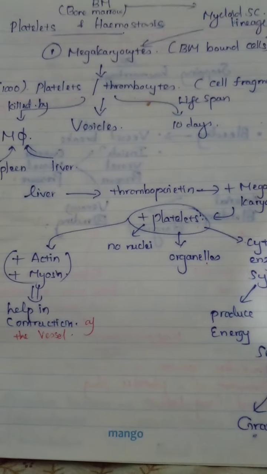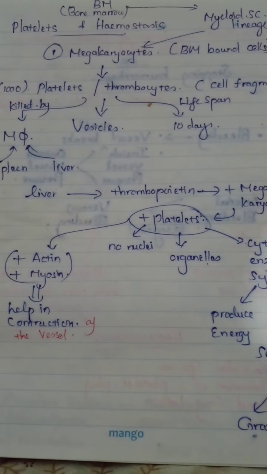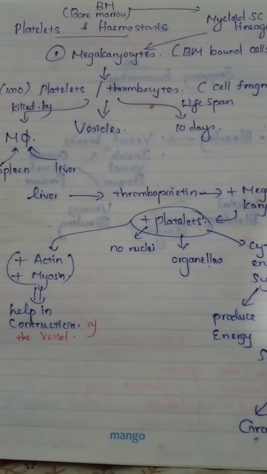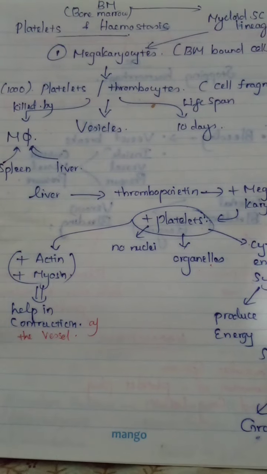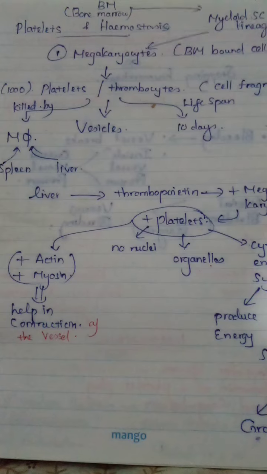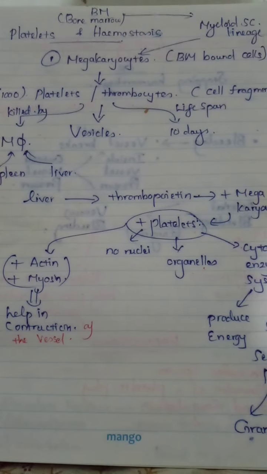And the most amazing characteristic of the platelet is the involvement in increasing the actin and the myosin production, which in turn helps in the contraction of the blood vessels.